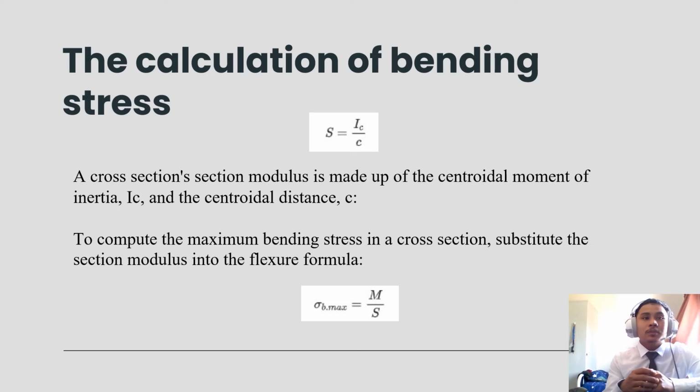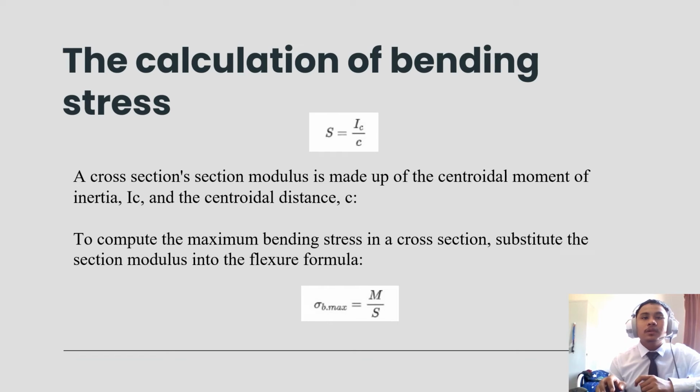So this is the formula. A cross-section modulus is made out of the centroidal moment of inertia I and the centroid distance C. So to compute the maximum bending stress in a cross-section, substitute the section modulus into the flexural formula.